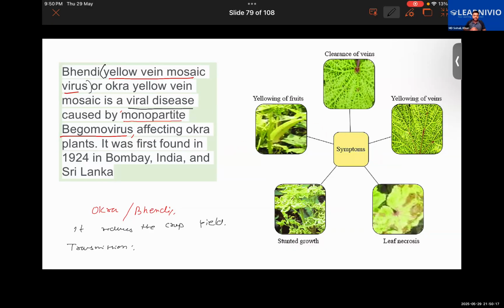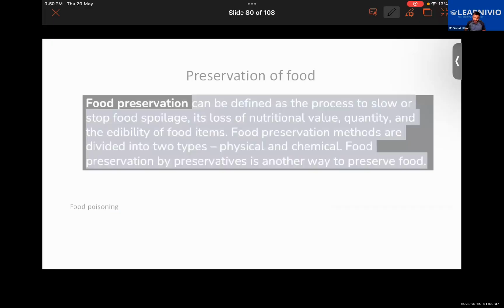In this manner this disease is spread. So the mode of transmission is via insects. This disease was found for the first time in the year 1924 in Bombay, and then later on in Sri Lanka. So that was all about yellow vein mosaic virus.